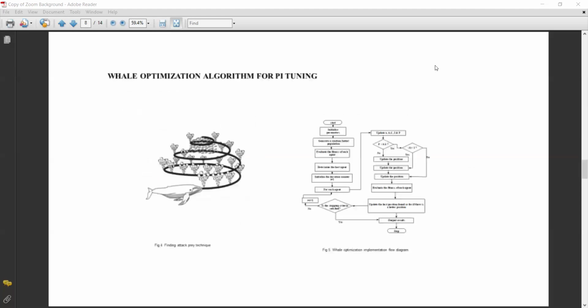Coming to the whale optimization algorithm for PI tuning, the concept of WOA originates from the bubble-net attacking strategy, where whales create spiral-shaped air pockets around them up to 12 meters below the water surface, then ascend to trap and capture their targeted prey.